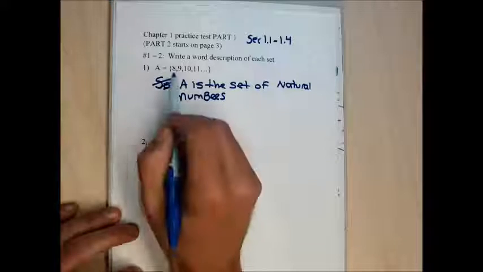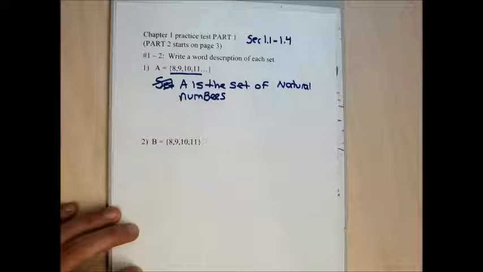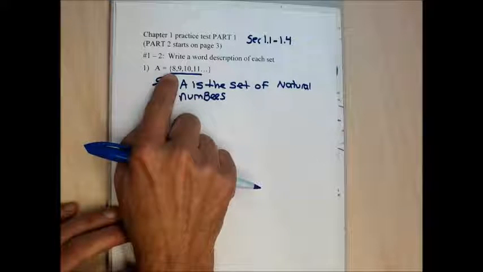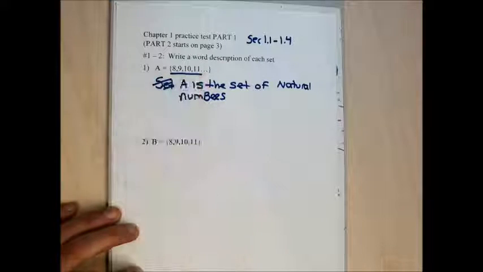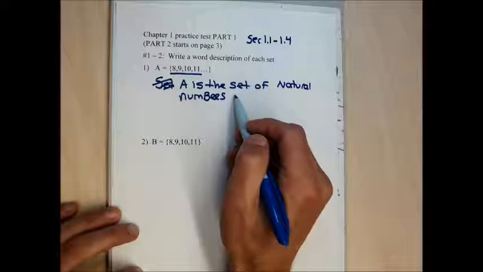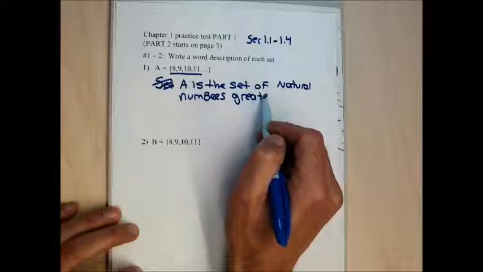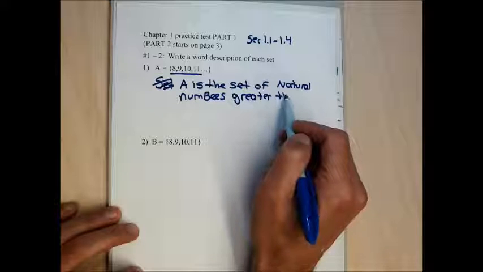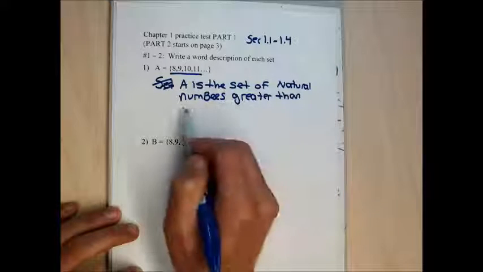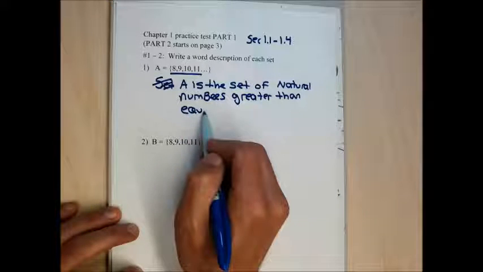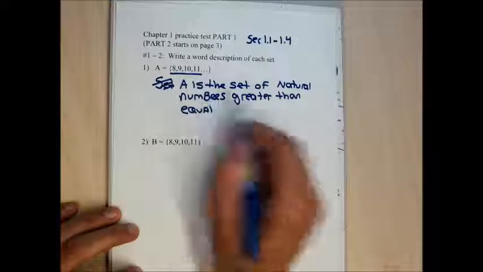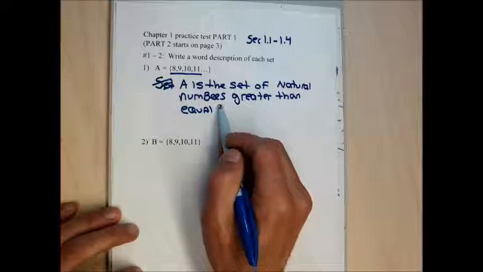It doesn't describe these numbers yet, and I would say the numbers start at 8 and get bigger. Probably the nicest way to say that in words is using the words greater than or equal to 8, because I need the equal to include the 8. And then the greater than part gives me the 9, 10, 11, 12, and so forth.